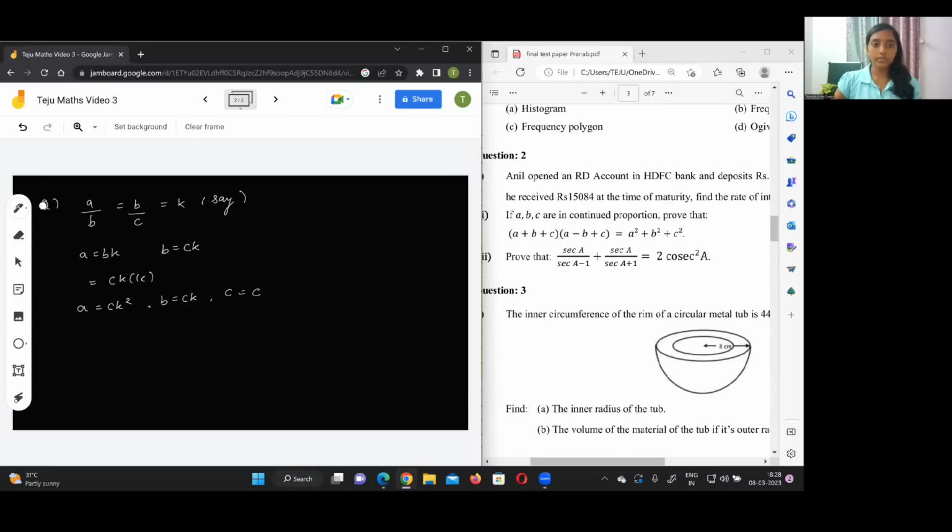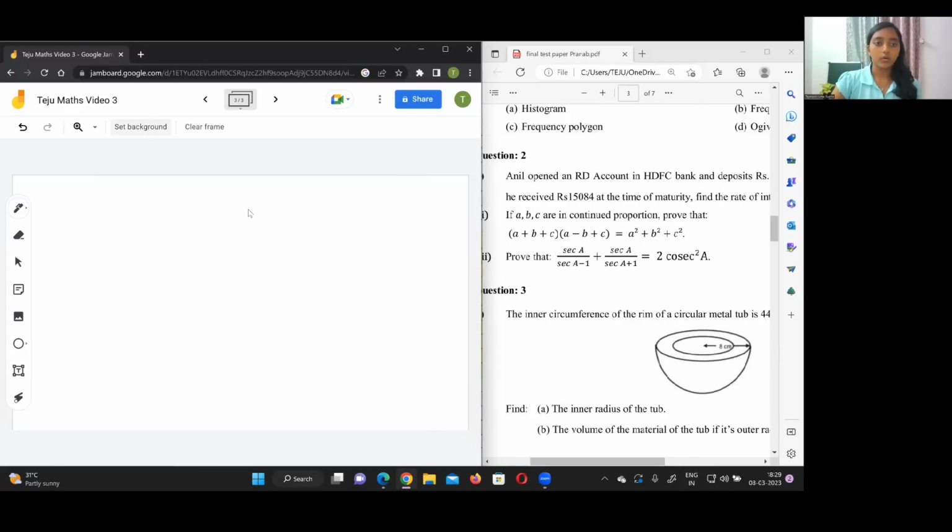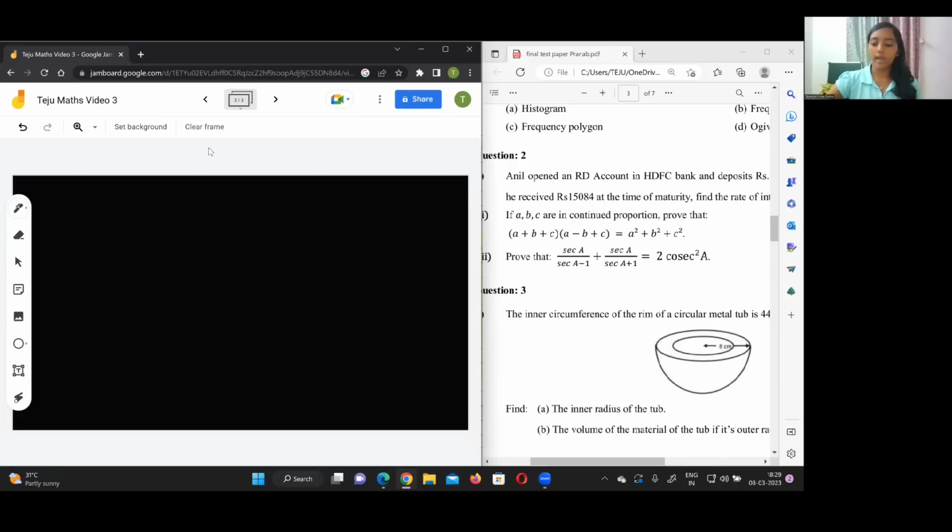Now let us substitute. The question given here is that A plus B plus C into A minus B plus C is equal to A square plus B square plus C square. So let's go on to the next page so that we'll be having more space, right? And what we need to do is that substitute the values.